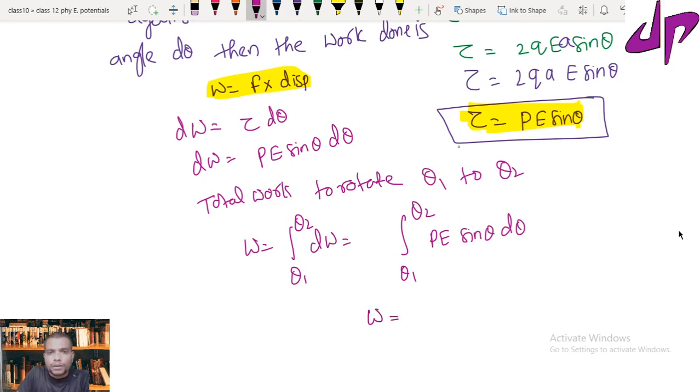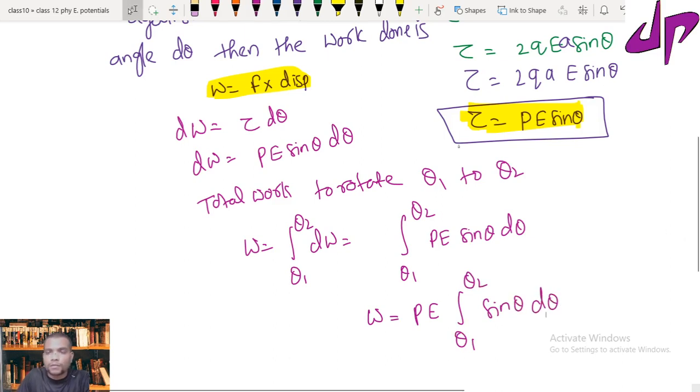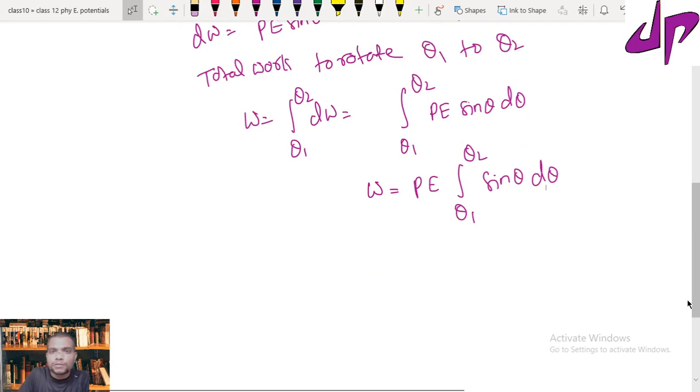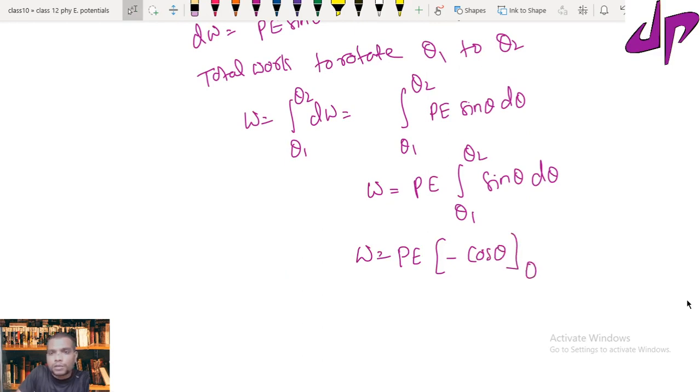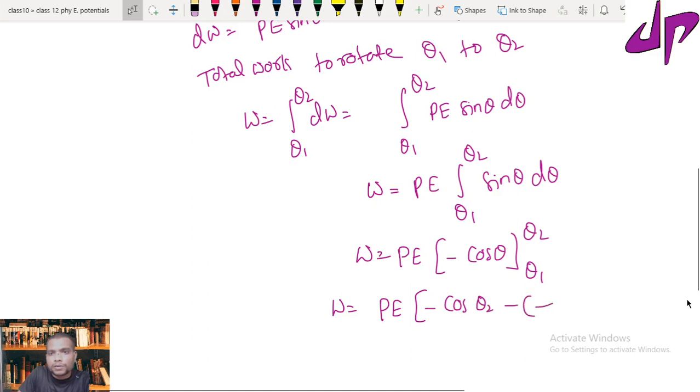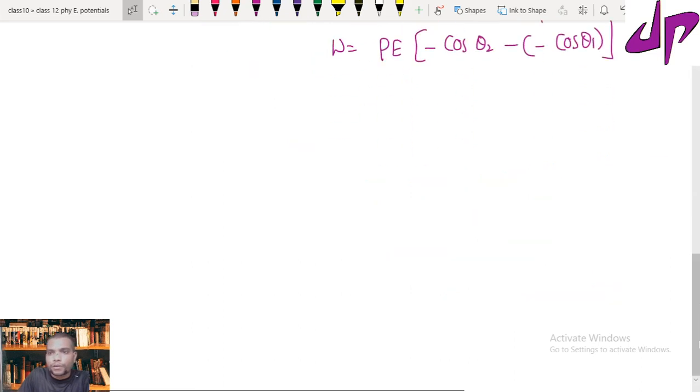Now you can write the work done. So pE is a non-integrable term, so you can write it outside the integration, θ1 to θ2 sin θ dθ. Doing the integration for sin θ, we get that W equals pE times the integral of sin θ, which is minus cos θ, from θ1 to θ2. So the final expression is W equals pE, substituting the limits, minus cos θ2 minus of minus cos θ1.